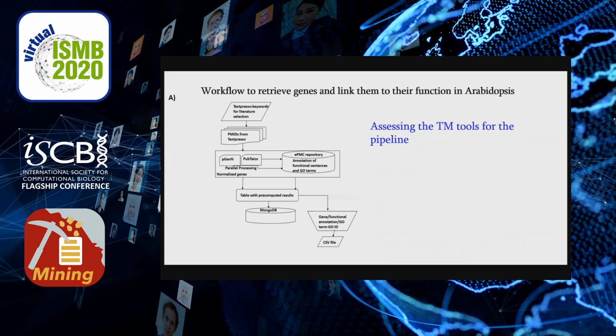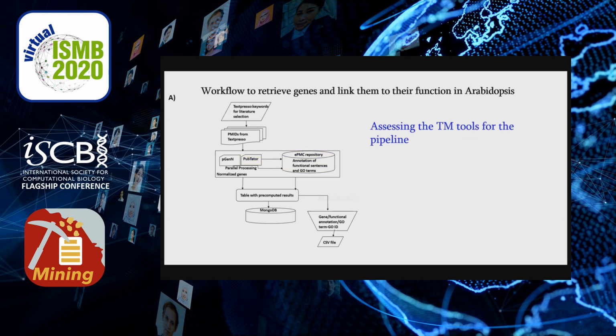This slide shows a workflow to retrieve genes and link them to their function in Arabidopsis. For the initial study, we evaluated both in-house and publicly available text mining tools, which include Testpresso, Pigeon, PubTator, and EuroPMC.